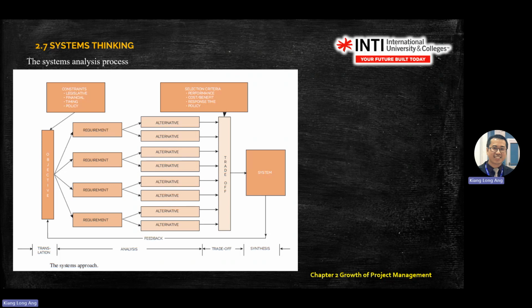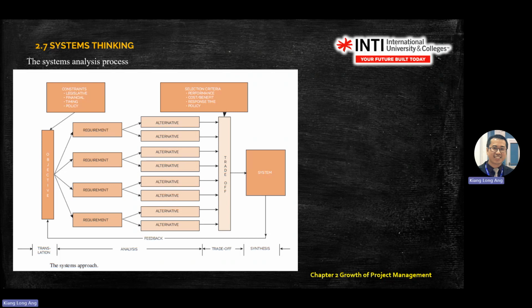Then after analysis, you do trade-off. Here you decide what you don't want to look at, or what you can ignore. This is the trade-off process. Then you go to the synthesis. Synthesis is where you assemble everything into one system.